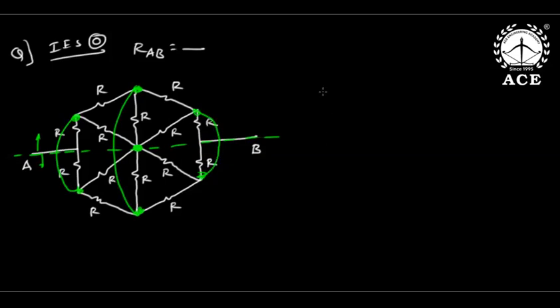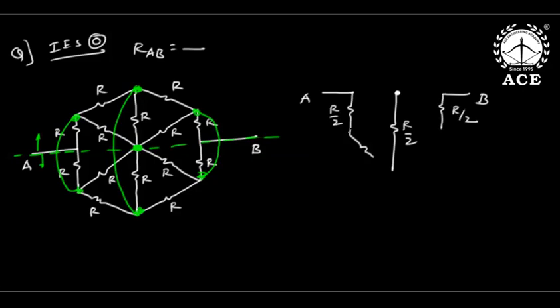If you fold along the axis, this is A and this is B. This center node, don't disturb. This R, R parallel is R by 2. Again this external R, R parallel is R by 2.